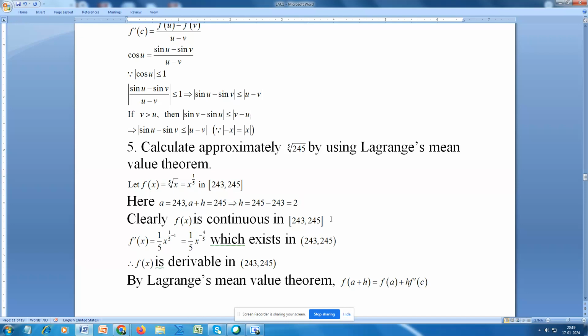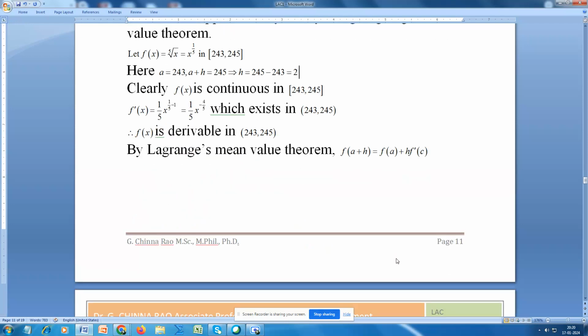f of x is continuous in the closed interval 243 comma 245, and f dash x is 1 by 5 x power minus 4 by 5. It exists in the open interval 243 comma 245. That is derivable in the open interval 243 comma 245. By Lagrange's mean value theorem, f of a plus h equal to f of a plus h f dash c.